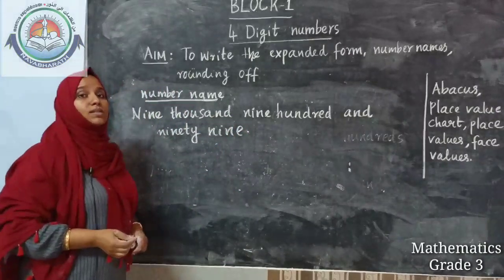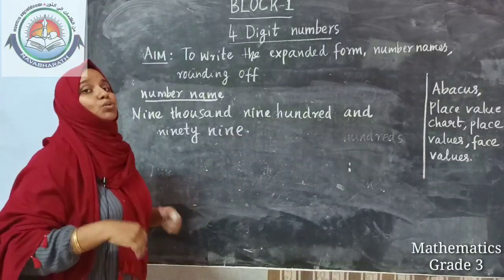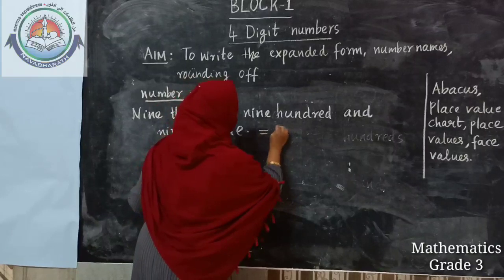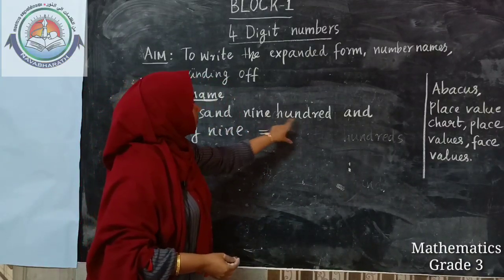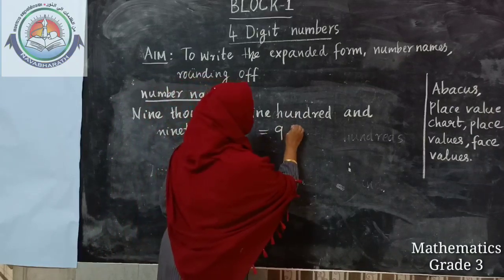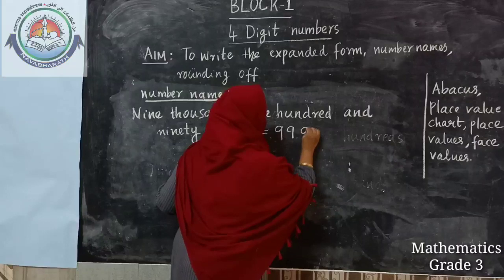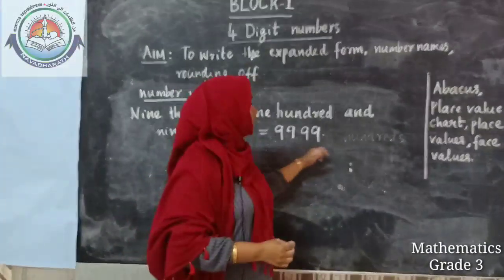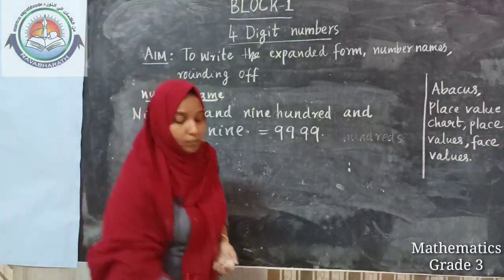How to write this number? This I am writing in words. How to write that number? How many thousands are there? 9. And in the hundreds place also 9. And next is 99. This is the number of this number name. Okay.